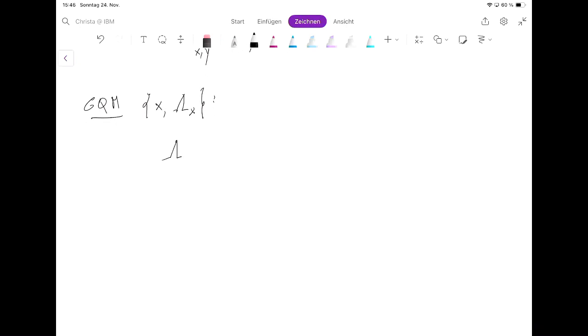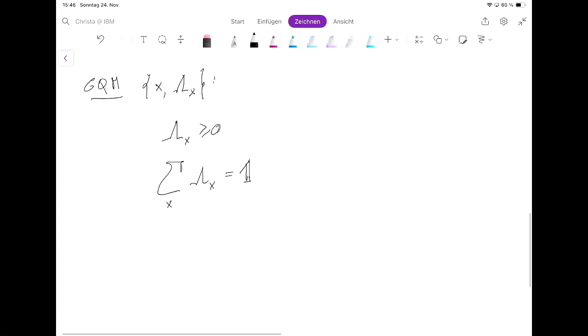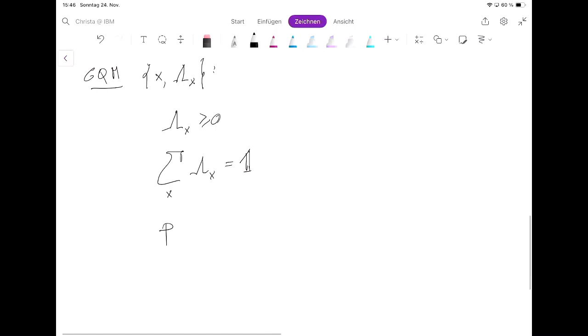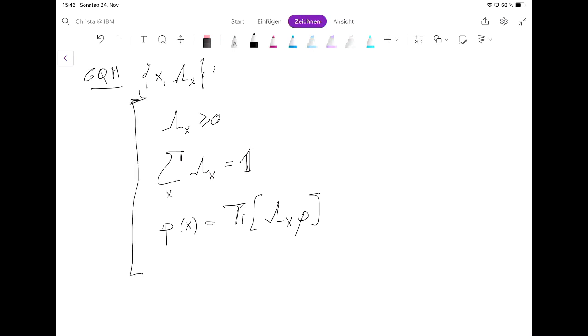In particular, the operators need to be positive, and they need to be normalized, so they need to sum to the identity. On top of this, the probability of every possible outcome x has to be given by the Born rule, applied to this new class of operators. If these conditions are met, then this is something I can legitimately call a quantum measurement.